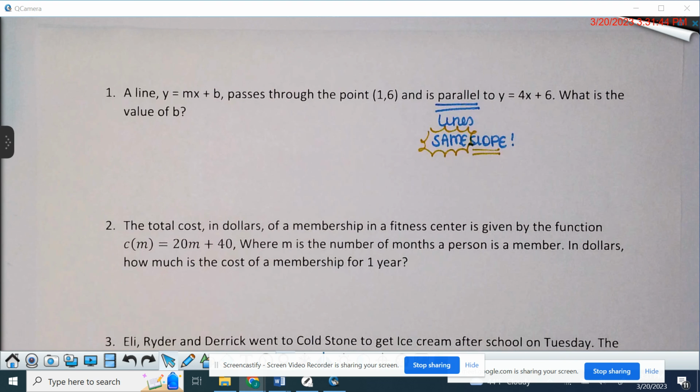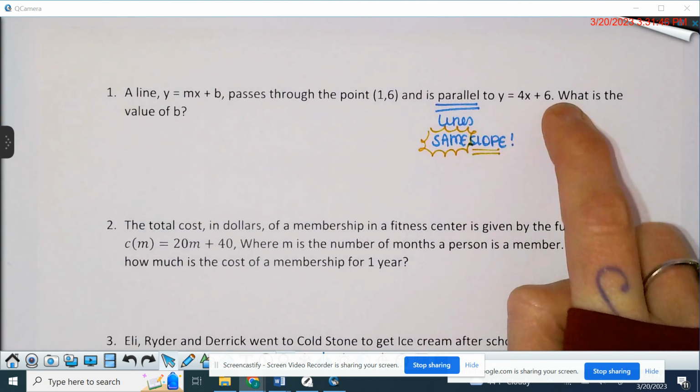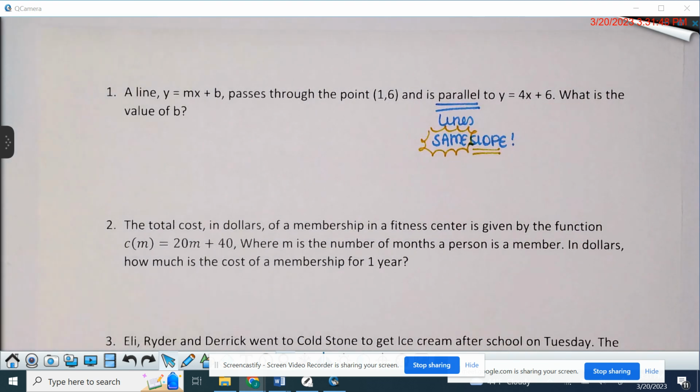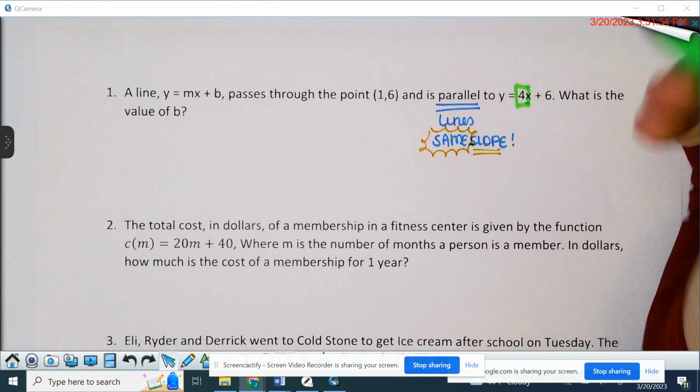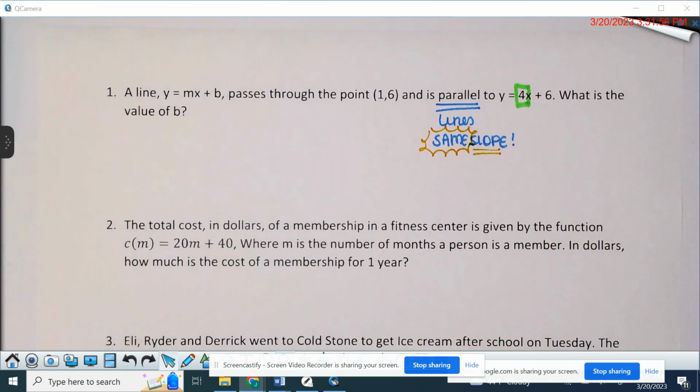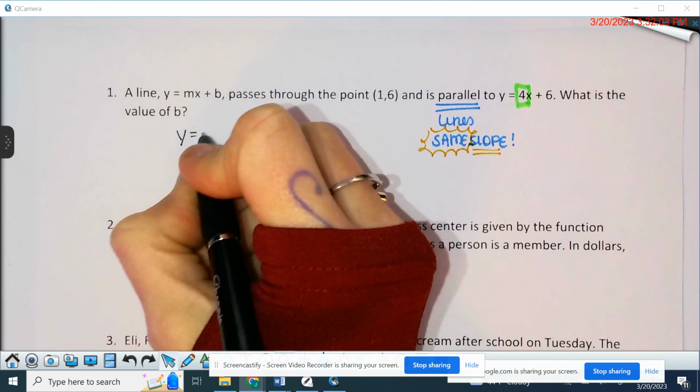So if I'm looking at this equation and I'm going to answer what is the value of b that's parallel to that line, that 6 does not matter. All I care about is slope. The 6 does not matter. So that 4 is what I need. So I'm going to plug that back into y equals mx plus b.